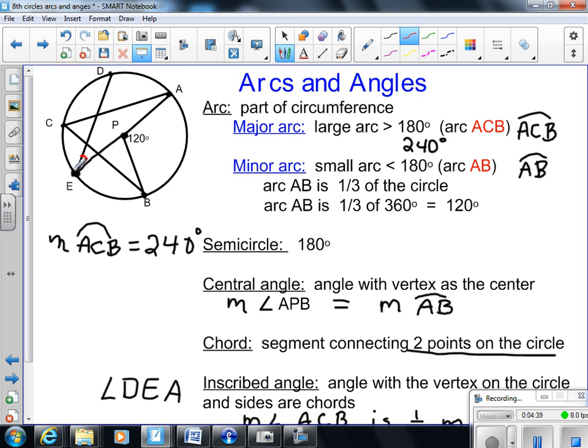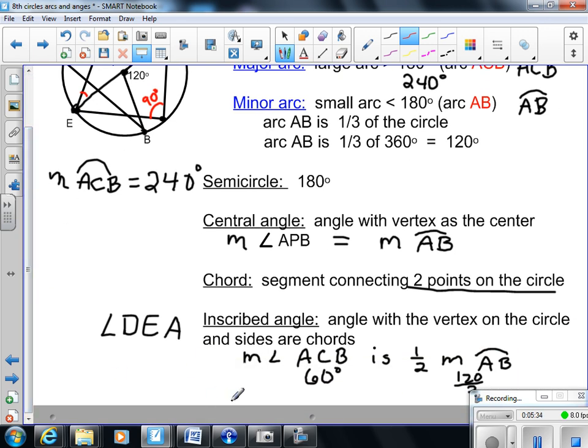Okay, so if I know that this arc has a measure of 180 degrees and I were to draw an inscribed angle, which means that both of the sides are chords and the vertex lies on the circle, then we would say that this angle would be 90 degrees because it's half what the arc measurement would be.